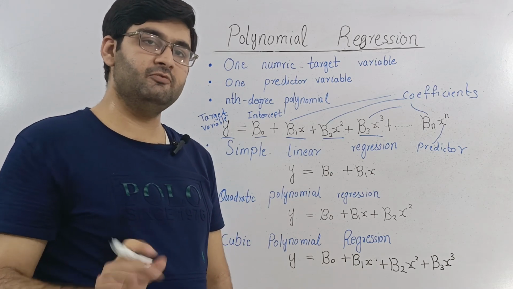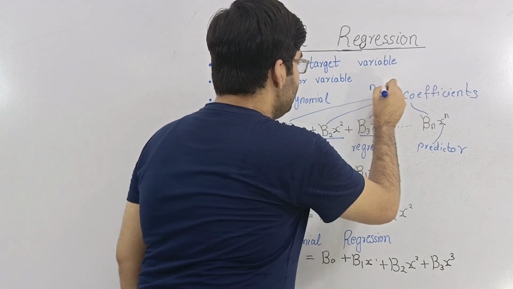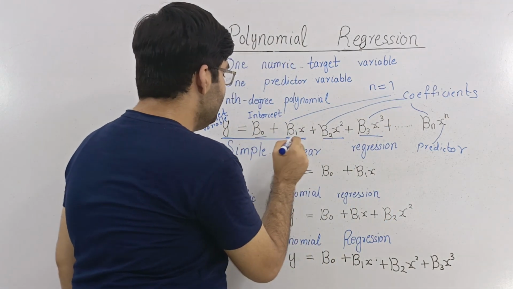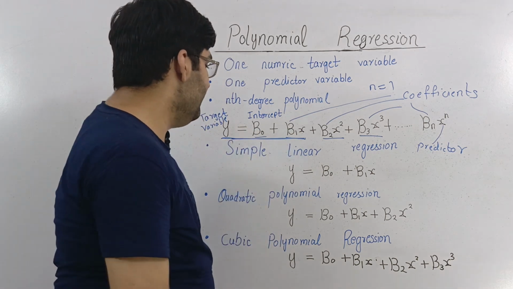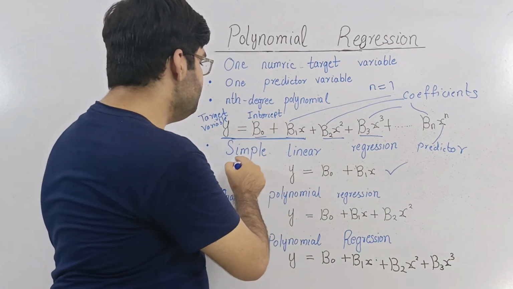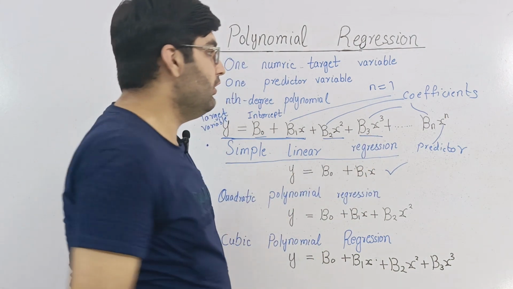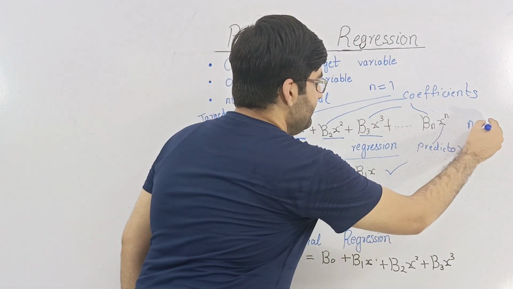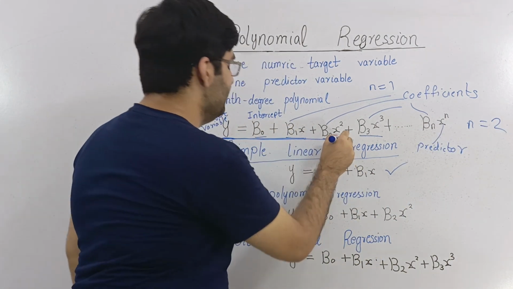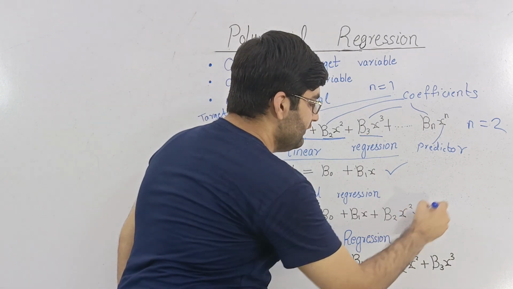For example, if we choose n equal to 1, we will get the model till the linear term, and we get this equation, which is the equation of simple linear regression. If we choose n equals 2, we will get the model till the quadratic term, and we get this equation.